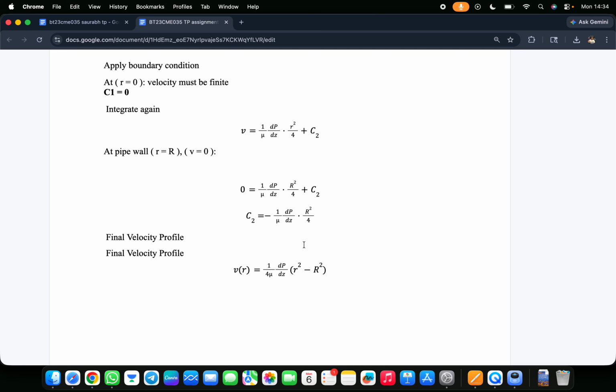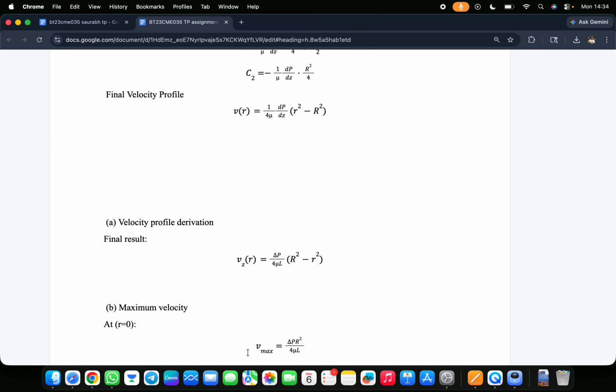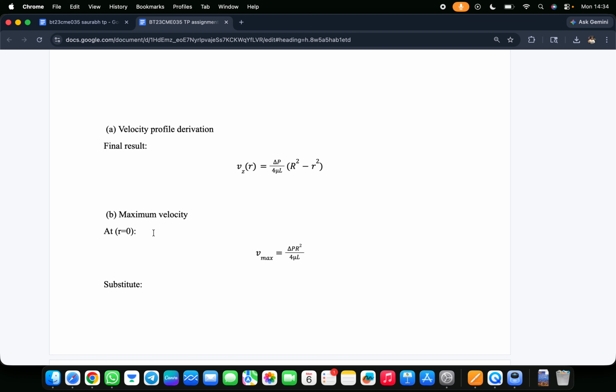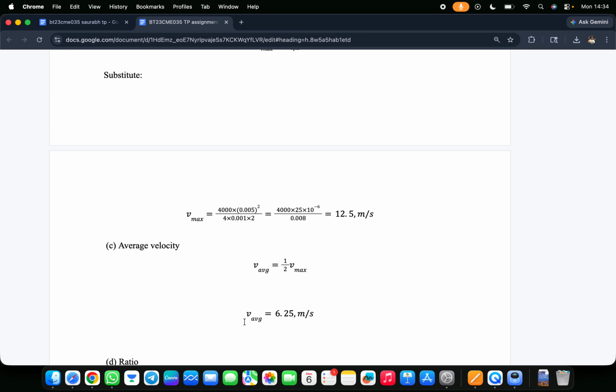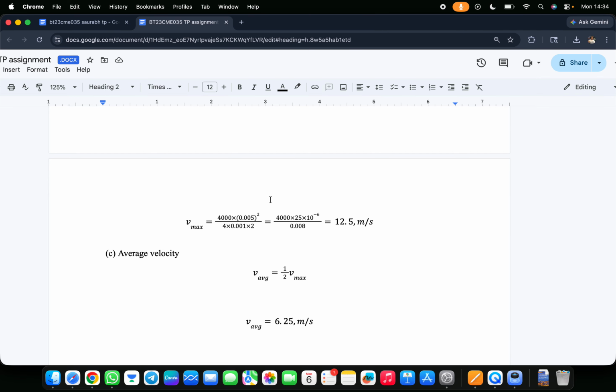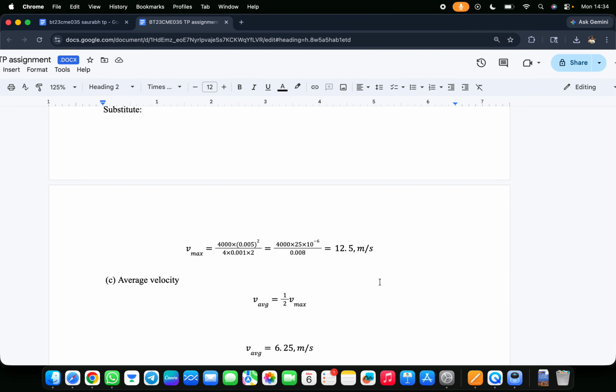So we find the value of C2, and the final velocity profile comes out to be this much. So this is the velocity profile. Now the maximum velocity will be this much. After putting in all the values, we have found V max.